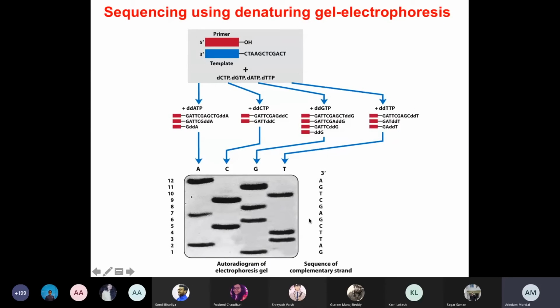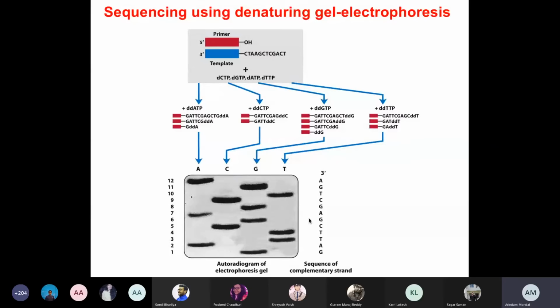Now this is how people used to do the Sanger sequencing. This particular methodology was developed by Sanger, and after his name, this methodology of unraveling the sequence of nucleic acid is named Sanger sequencing, where you use ddNTPs as a chain terminator.